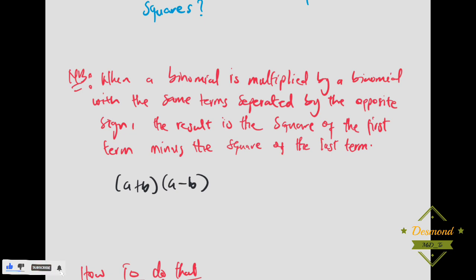We just square the first term of each binomial. With this one we get a squared, then the last term, minus b squared, because when we do it the middle term disappeared.